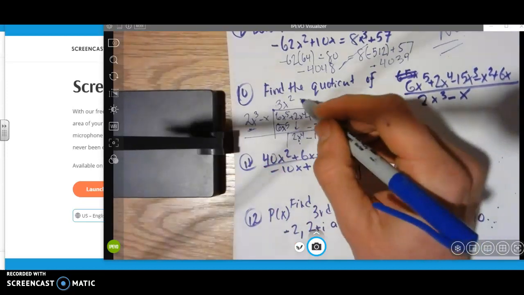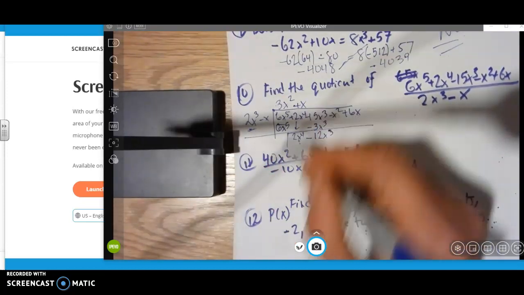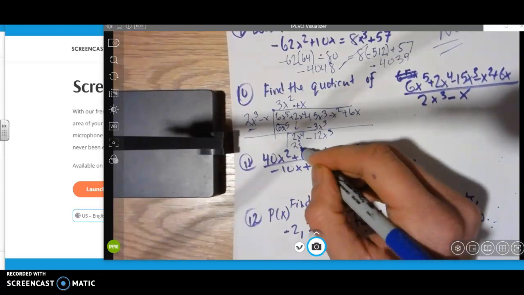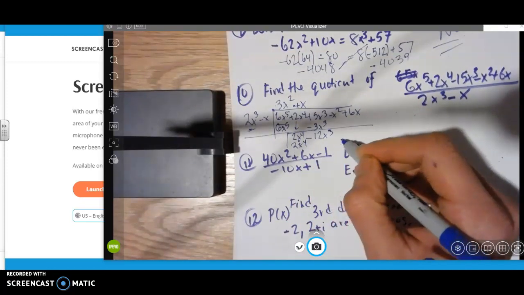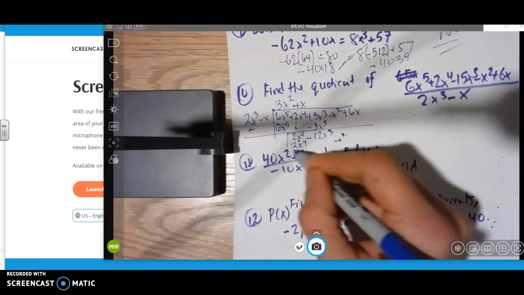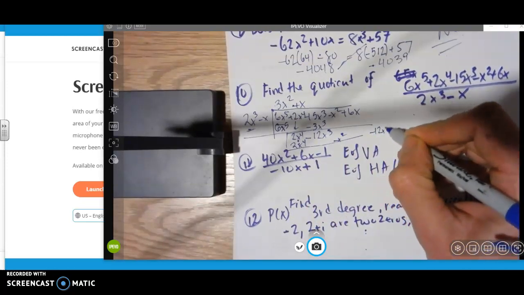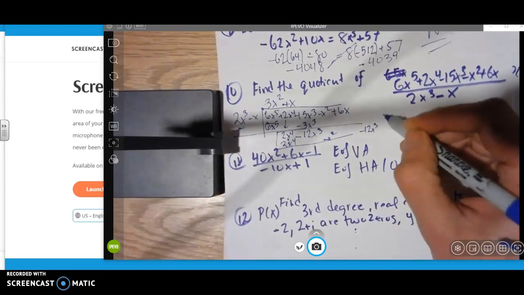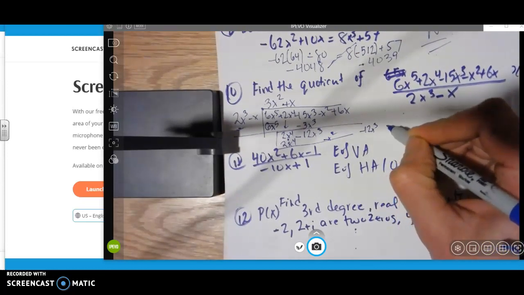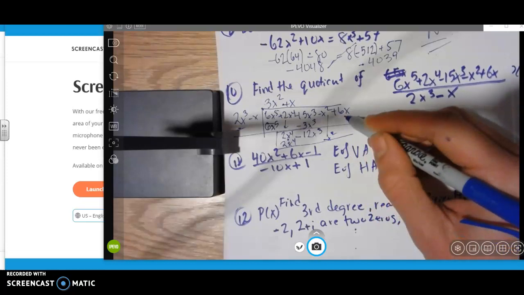Yes, it's going to be positive x times. And so we multiply that, we're going to get 2x to the fourth minus x squared. We subtract that down. We're going to get negative 12x to the third, and then 0 plus 0, so this is going to be 0, and I can bring down 6x.